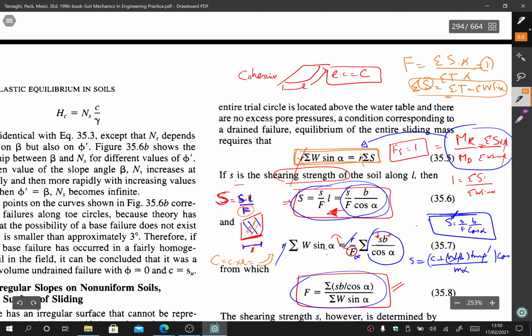So capital S, the shear strength for the whole slice, is equal to unit shear strength s over factor of safety times L. And we already discussed in the ordinary method of slices that L is equal to B over cos alpha. So the shear strength for the whole slice is equal to the unit shear strength times B over cos alpha. We also place this equation on the side. Now we put this value of shear strength here in the above equation.